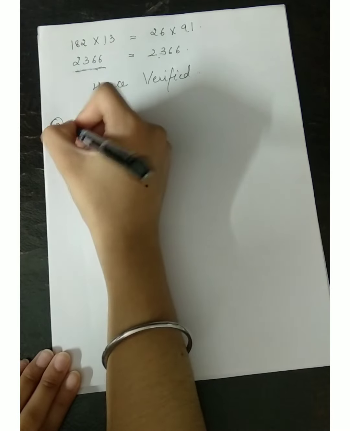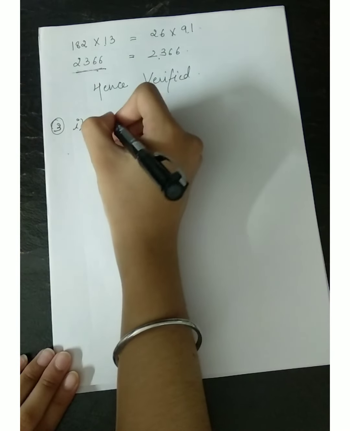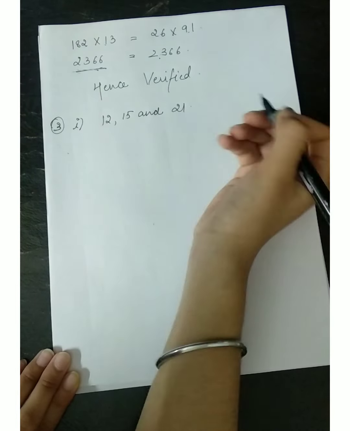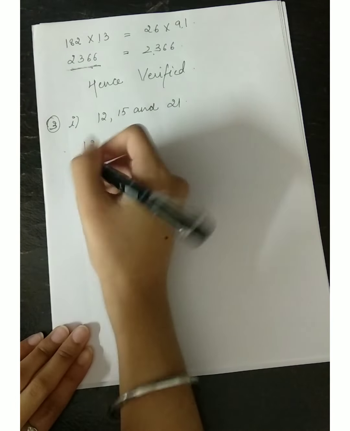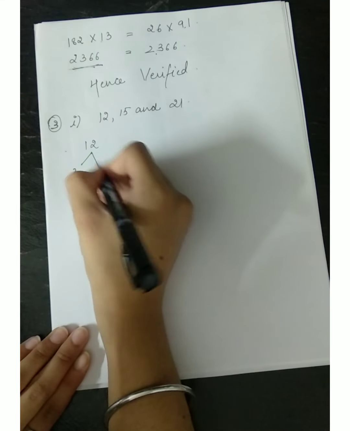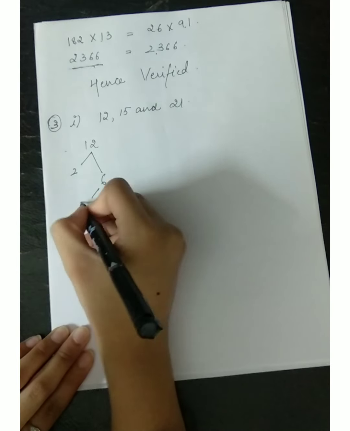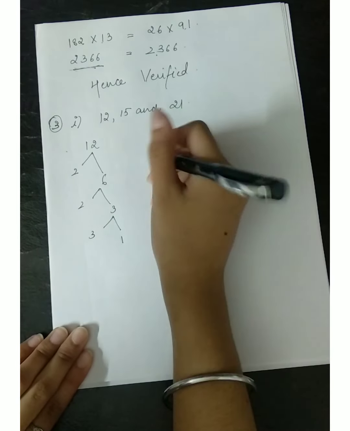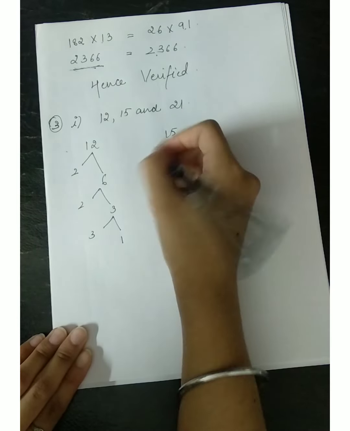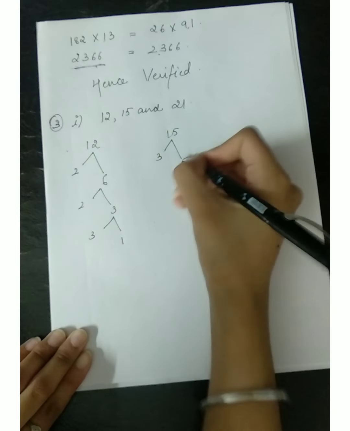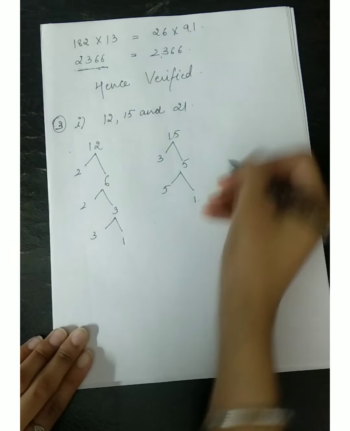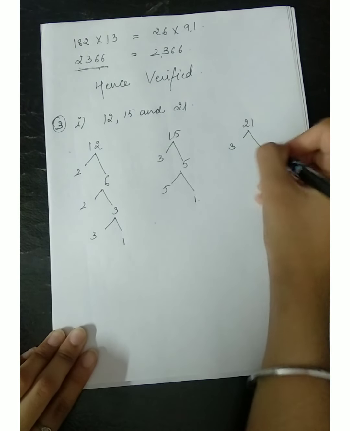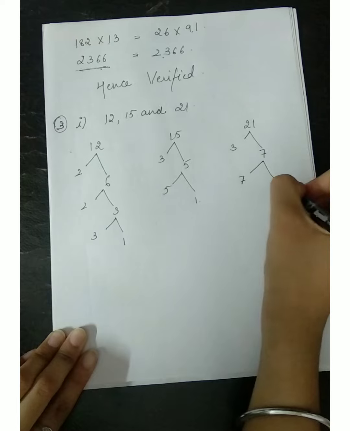So, the first part is 12, 15 and 21. 12, 6, then 3, then 1, then we have 15 as 5, then 5, 1, then we have 21 as 3, then 1.